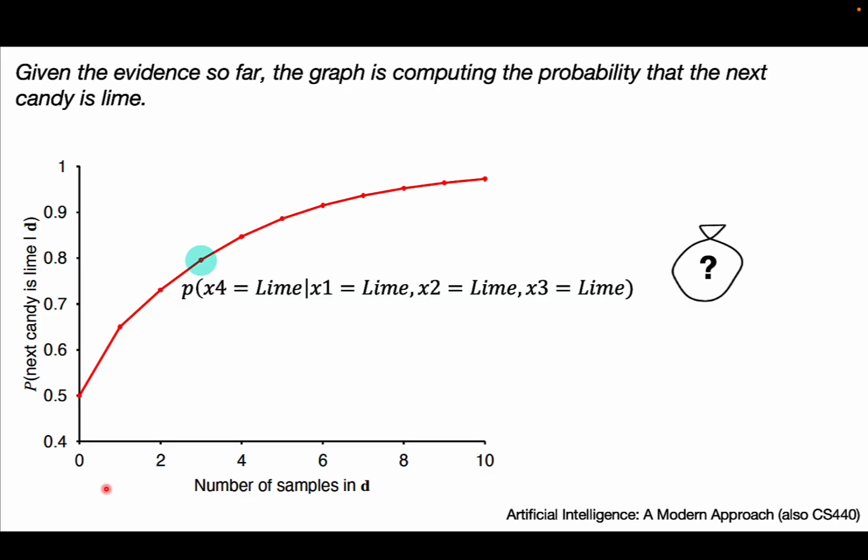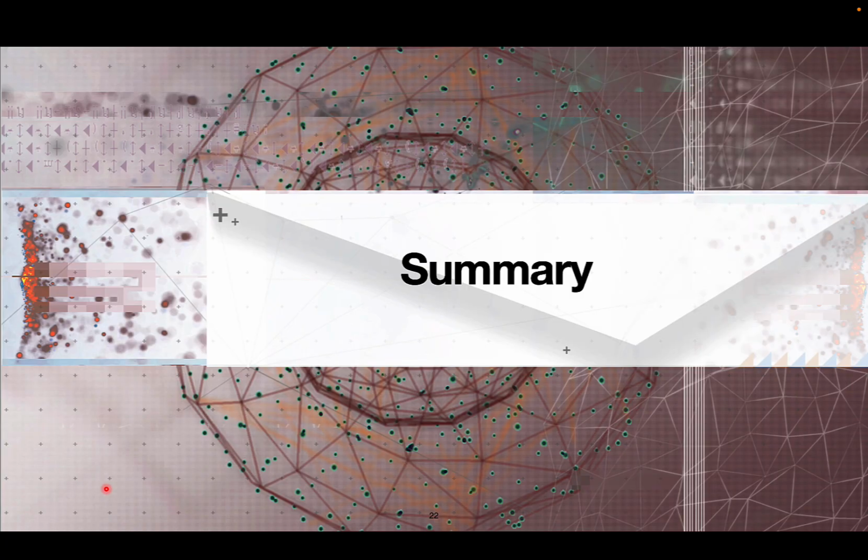All of this suggests that this model has increasing confidence that the candies are coming from H5, which is the bag with all lime. So most likely the flavor for the 11th one is going to be lime. In summary, we covered Bayes' theorem with multiple hypotheses and sequential evidence.